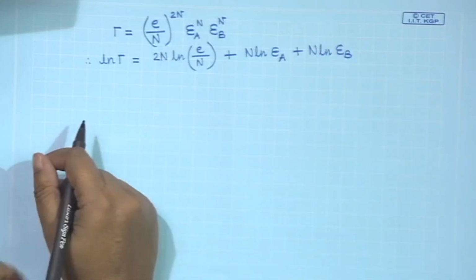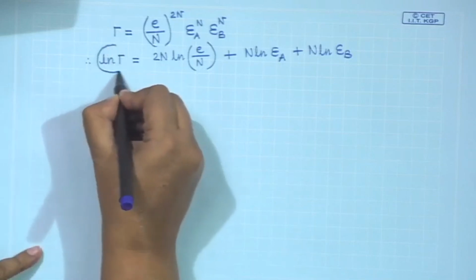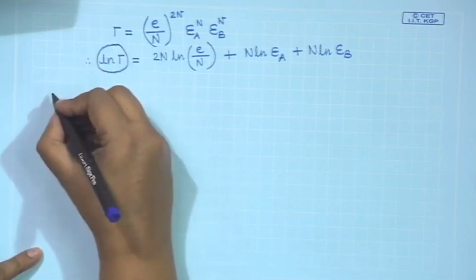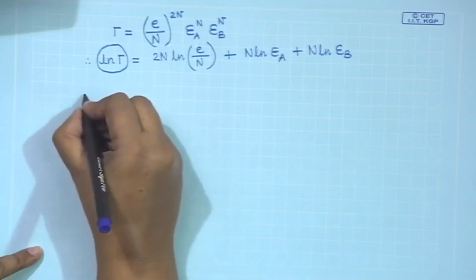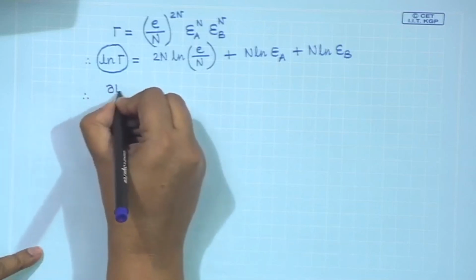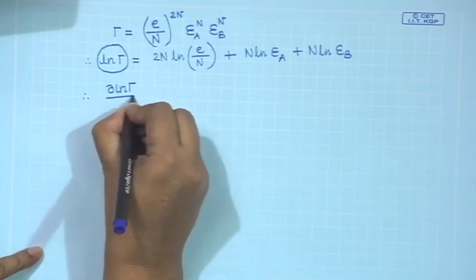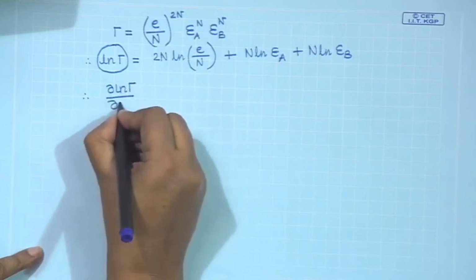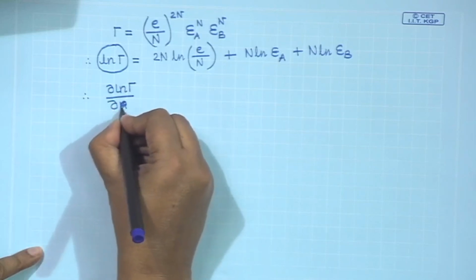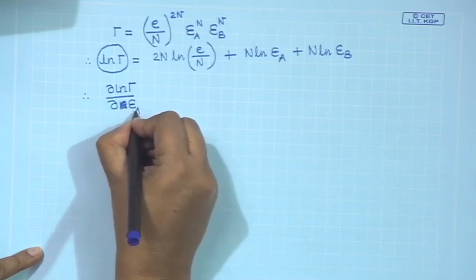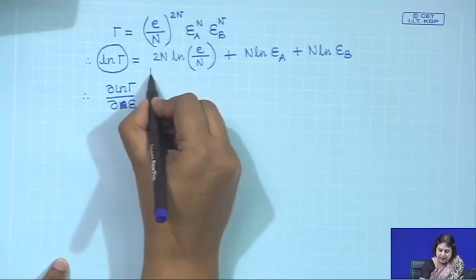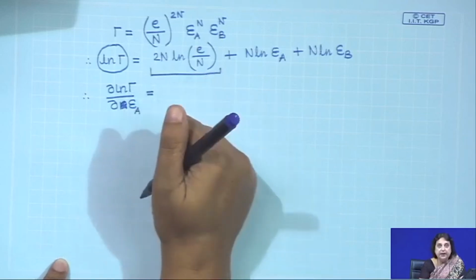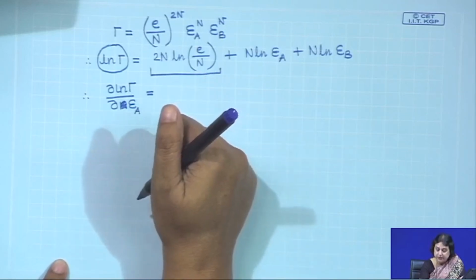Now, I am expecting a maximum in this function with respect to epsilon A. In order to locate that maximum, the first thing that I do is take a derivative of ln gamma with respect to epsilon A. If I do that, obviously this particular term does not have any dependence on epsilon A, so there will not be any contribution from this term.